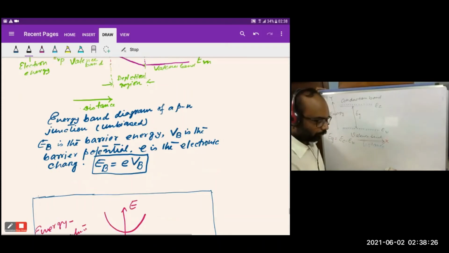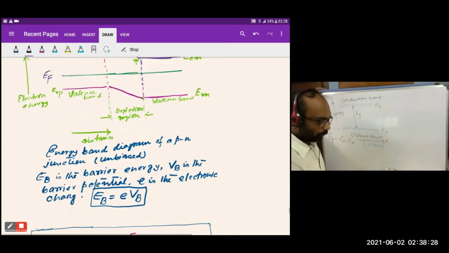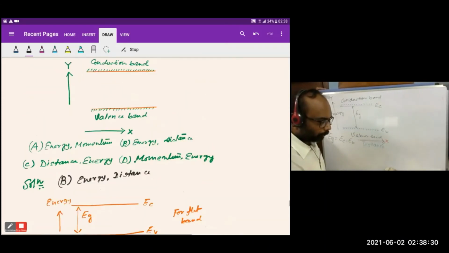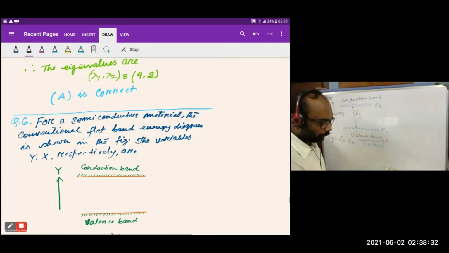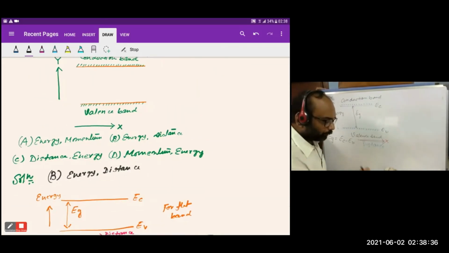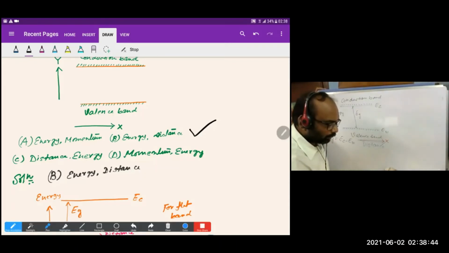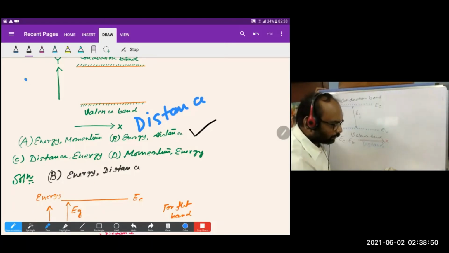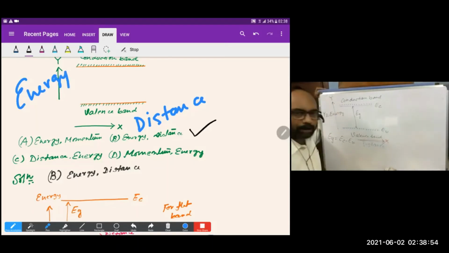So option B, energy distance, is correct. So x is our distance and y is our energy.